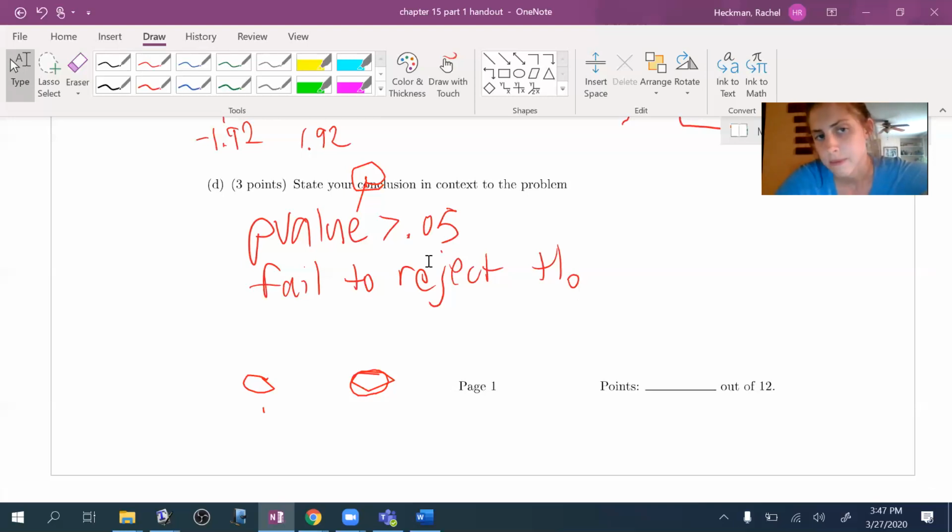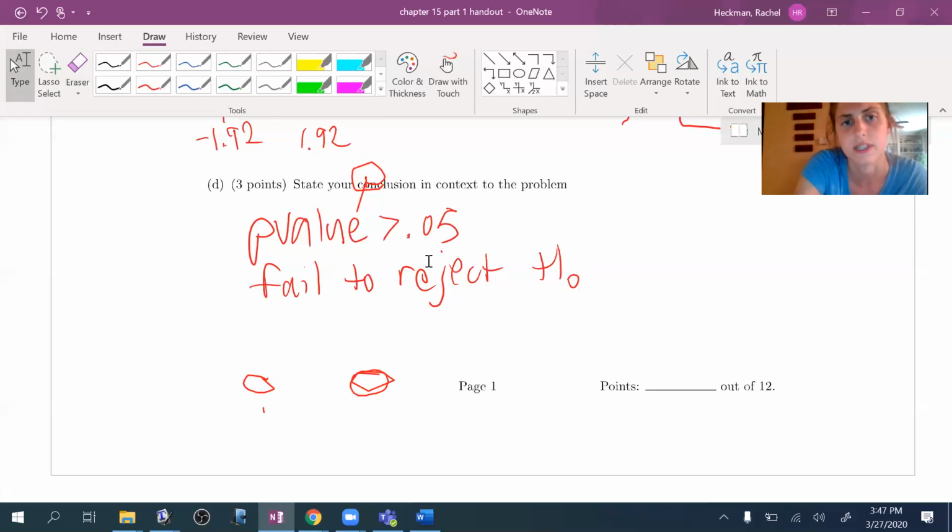So in this example, I'm going to say that attendance has not changed since 1996. There's no evidence to suggest the change has happened. I can't conclude that the change has happened.